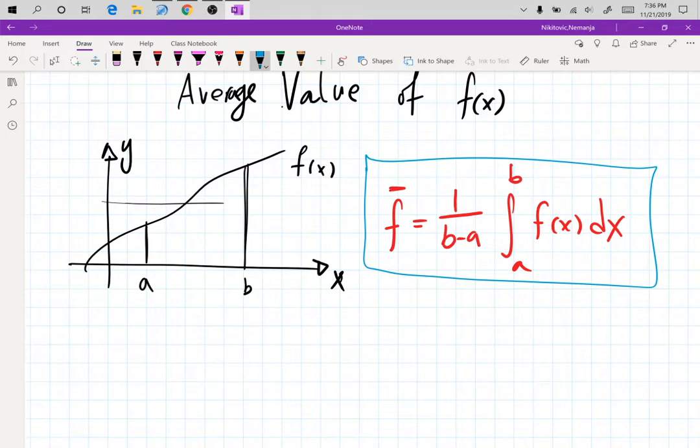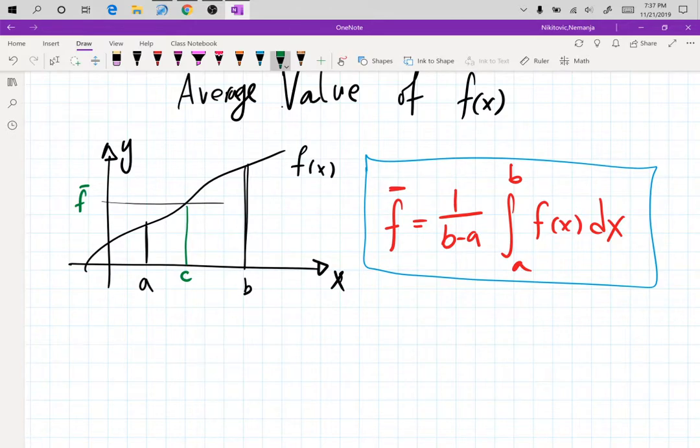Now, this result can be rewritten as the mean value theorem for integrals, because average, mean, right? So you can actually calculate the value c. So that's average, and that's going to drop that value c.